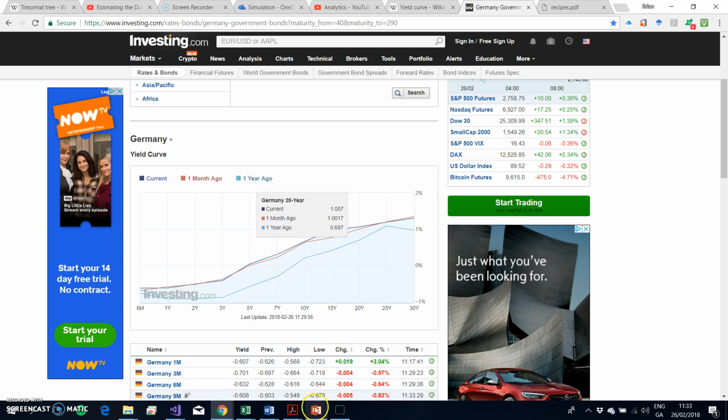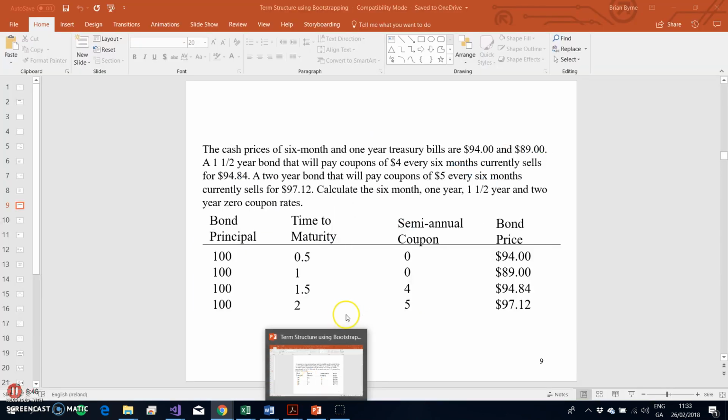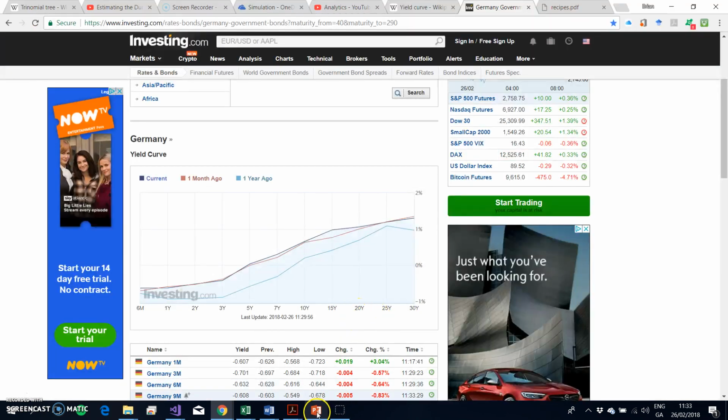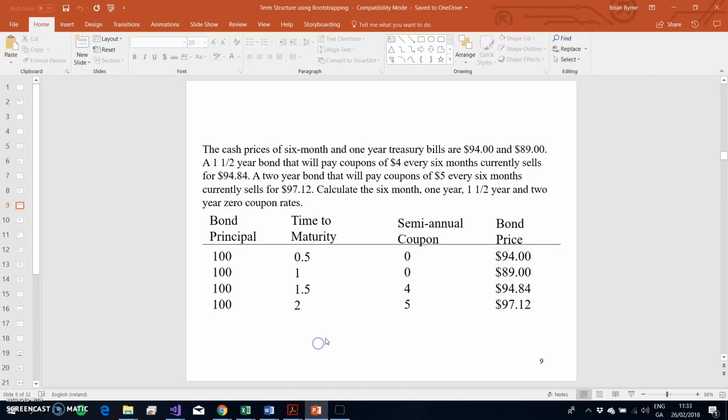Okay, so to see that then perhaps in an estimation, how we might actually implement a term structure type estimation. Again, we take a very simple set of data: how much you currently would pay, the current bond prices, the coupon structure, none in some instances, and some semi-annual coupon here, 4 and 5 at the 6 monthly interval, and then the maturity of the bond.